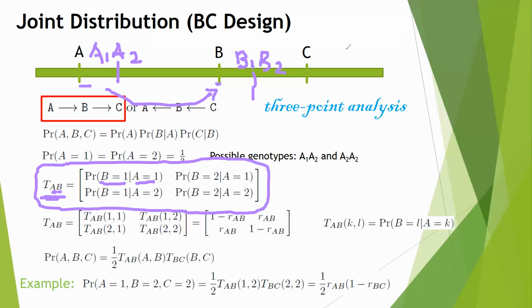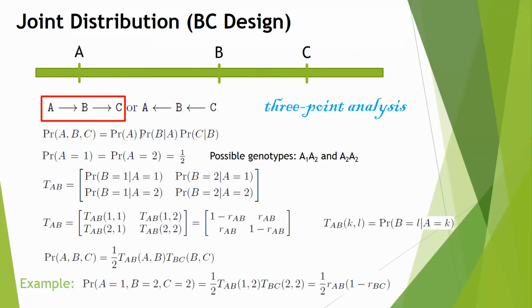All right. What is the probability for this? If locus A is state 1 and locus B is also state 1, it means there's no crossover between A and B. Do you agree? So the probability for this transition should be 1 minus R_AB. Do you agree?